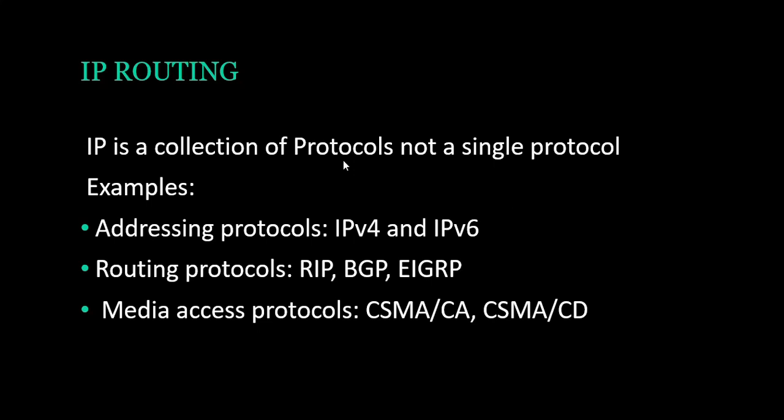For instance, we have addressing protocols like IP version 6 and IP version 4, but we have routing protocols which include RIP, Border Gateway Protocol, and Enhanced Interior Gateway Routing Protocol. We have media access protocols such as carrier sense multiple access with collision avoidance, collision detection, and so on.